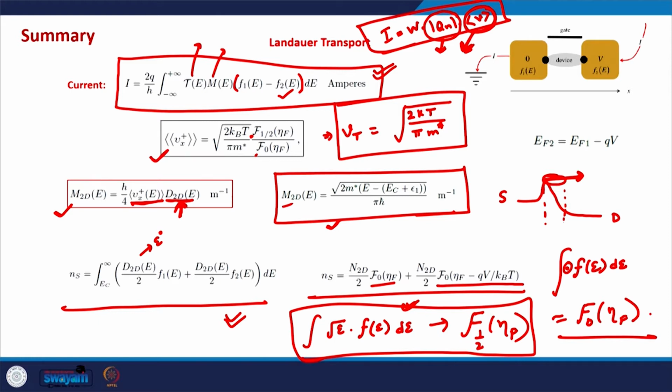And if we have a derivative of the Fermi function, the derivative comes outside of the integral, and this becomes a Fermi-Dirac integral of order minus half, because the derivative reduces the order of the Fermi-Dirac integral by 1.